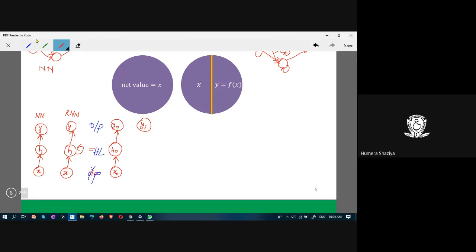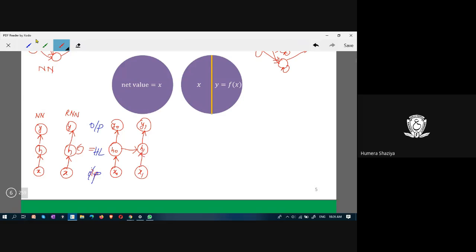There can be multiple outputs. There can be multiple inputs, right? And likewise, you can have multiple hidden layers. You see here, hidden layer H naught is connected to H1 because this is a group.